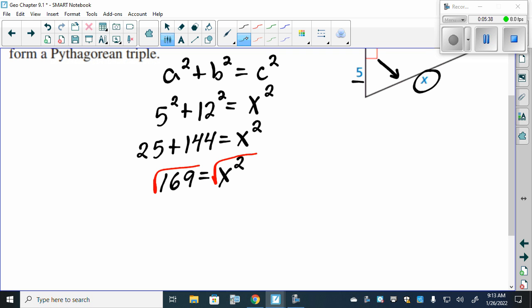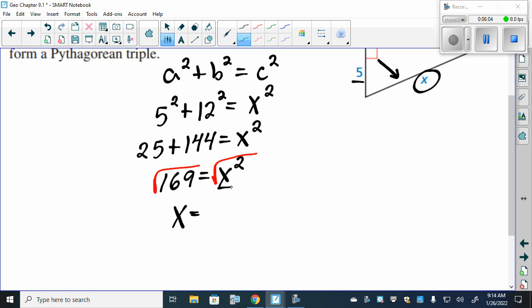The square root of x squared is x, because whenever we take the square root of something, we're finding what number times itself would be that term. For x squared, it would be x, because x times x would give us x squared.